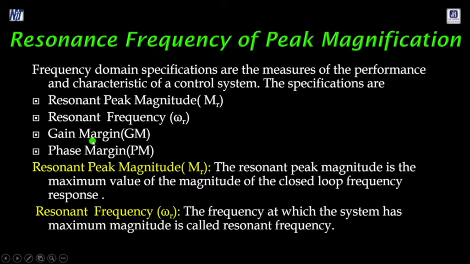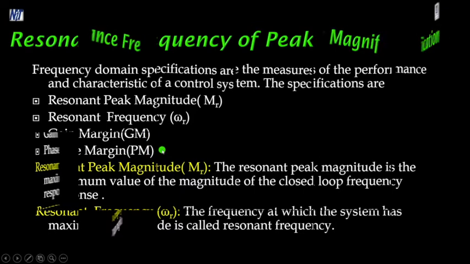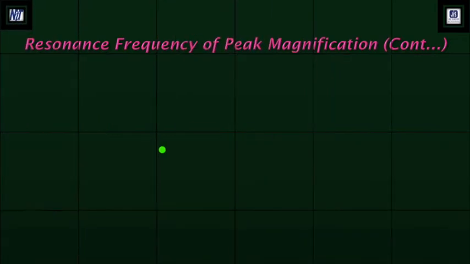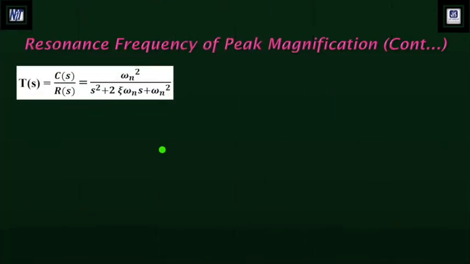In the last lecture, I discussed gain margin and phase margin. So consider the second order system. Here zeta is the damping ratio and omega n is the natural frequency of oscillation.